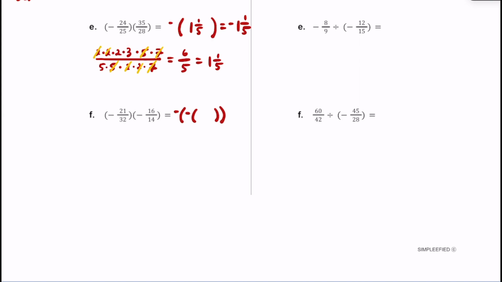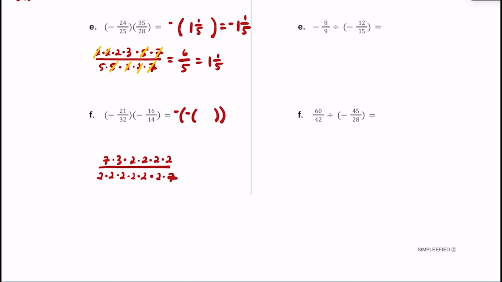Let's see if we can break this down though, so that we can see if we can avoid doing some big multiplication here. So 21 breaks down to 7 times 3, 16 breaks into 2, 2, 2, and 2, 32 on the bottom breaks into 5 2s, and 14 breaks into 1 2 and 1 7.